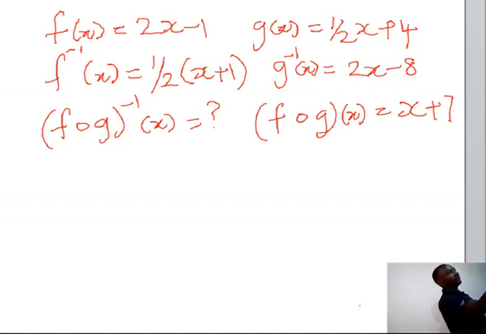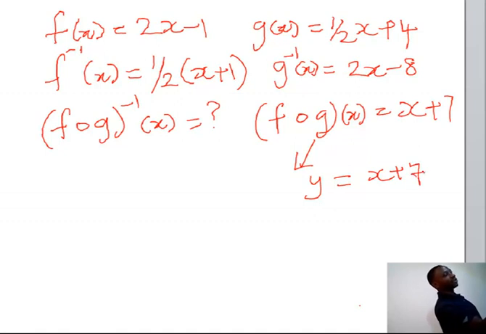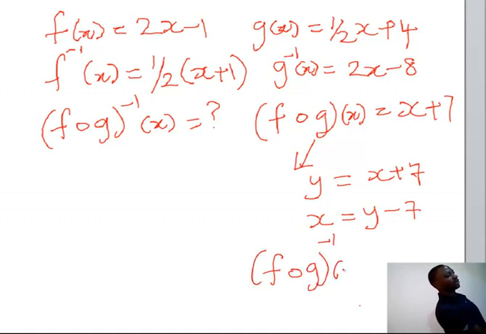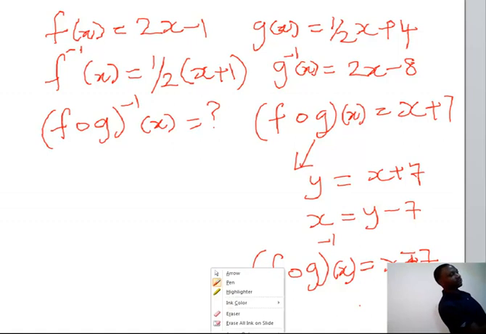Now in order to find the inverse for this, we are going to say y equals x plus 7. Then you make x the subject of the formula, then you get x equals y minus 7. Then you represent it. So you have f compose g inverse of x to be x minus 7.